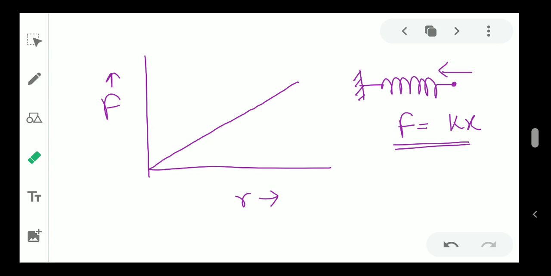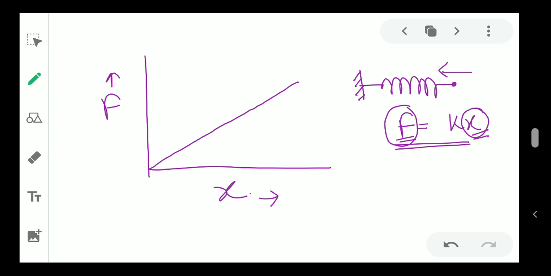So we say that we are giving F equal to kx, but you can see that the force itself is dependent on x. As x is changing, as we compress the spring, the value of F is also changing with it. So in those cases the force is not constant.